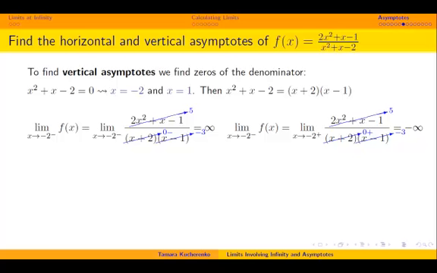Now we compute one-sided limits at 1. In the left-hand limit of f at 1, the value of the numerator at 1 is 2.